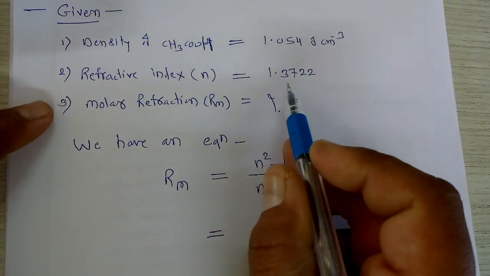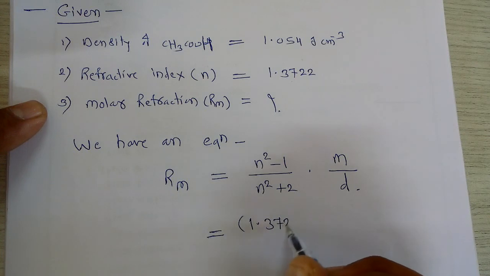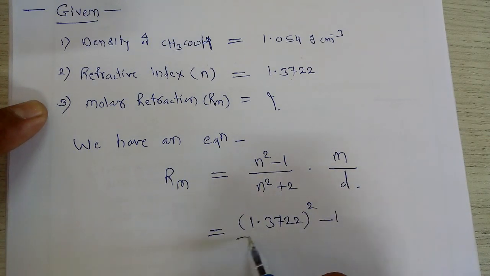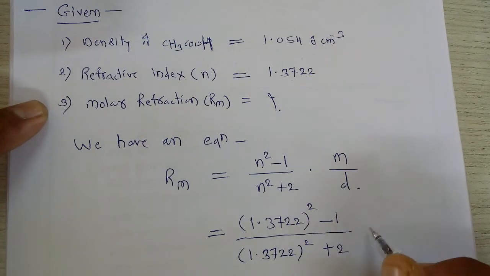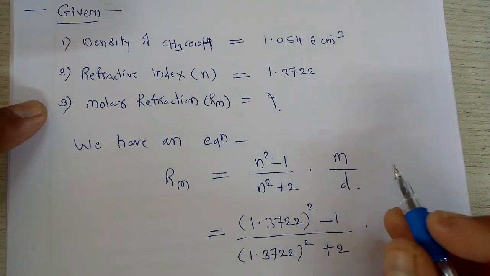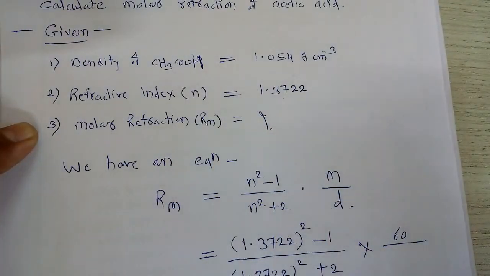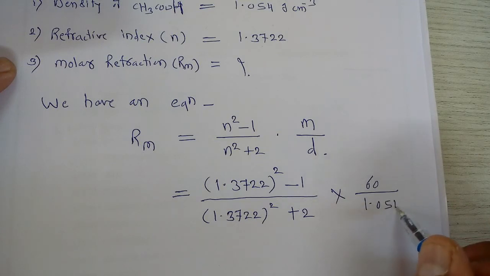Now if I substitute the values for all these terms in the above equation, the value for n is 1.3722 squared minus 1, divided by 1.3722 squared plus 2, into the molecular weight of acetic acid, which is 60, divided by the density, 1.054.